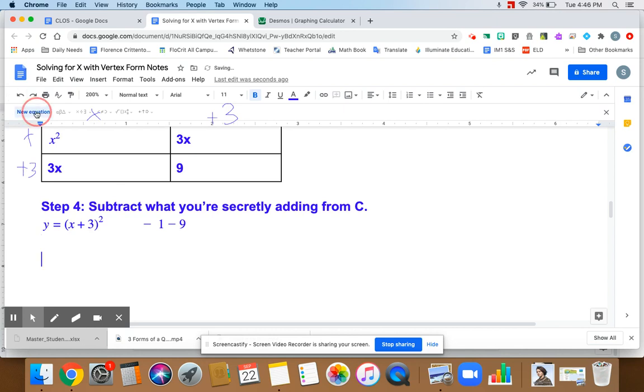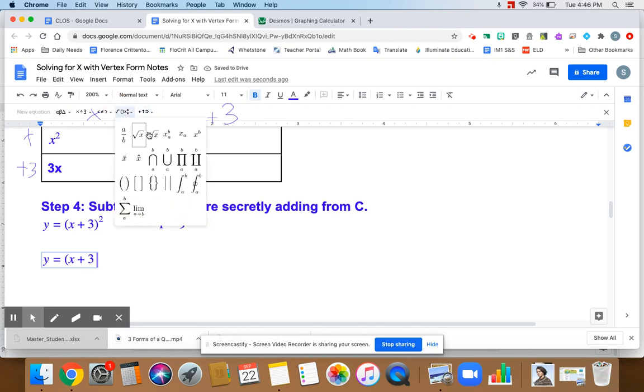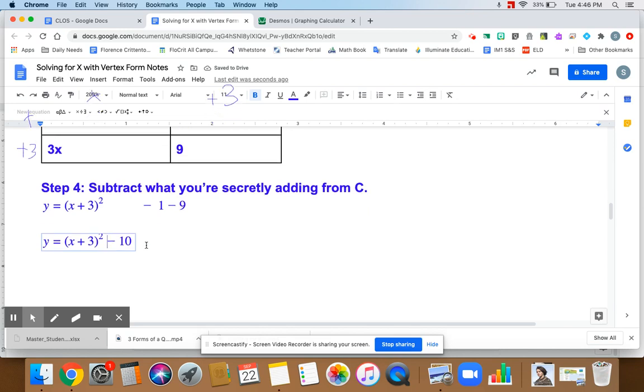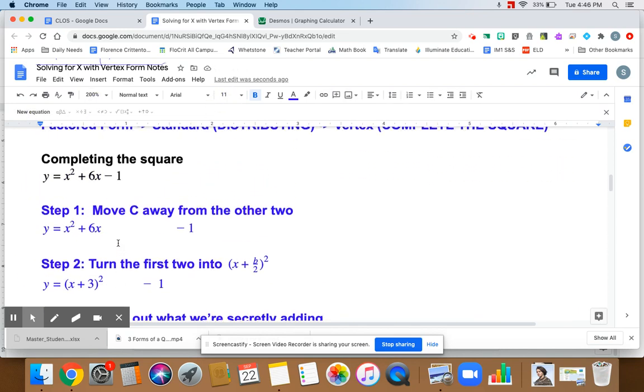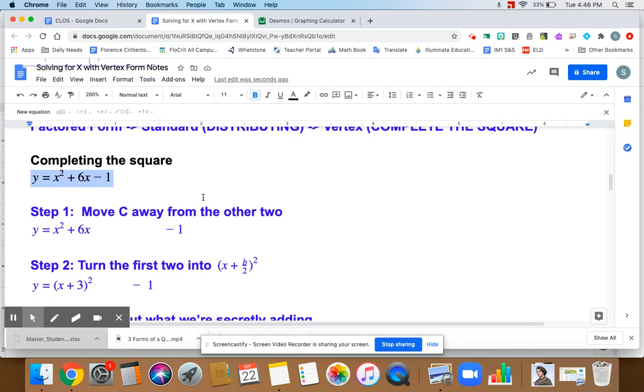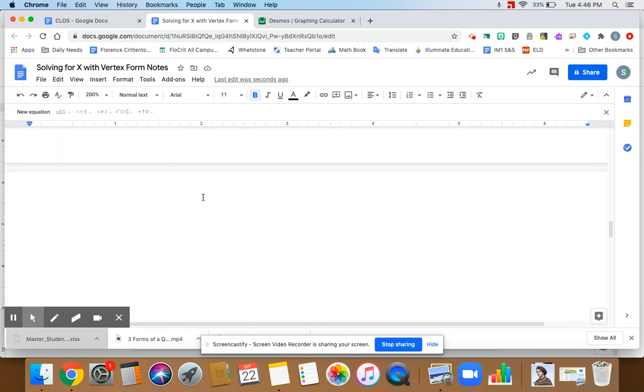So then my final answer is y equals x plus 3 squared minus 10. Because negative 1 minus 9 is negative 10. So now this is the exact same thing as this one.